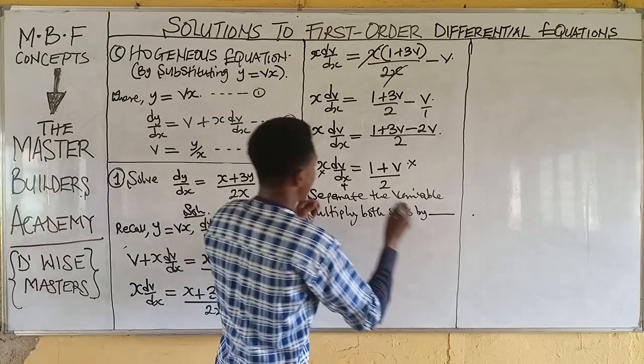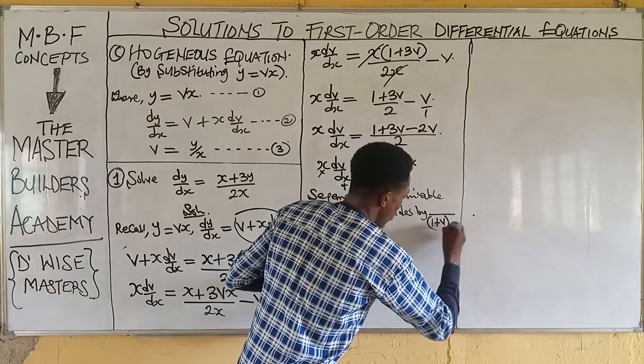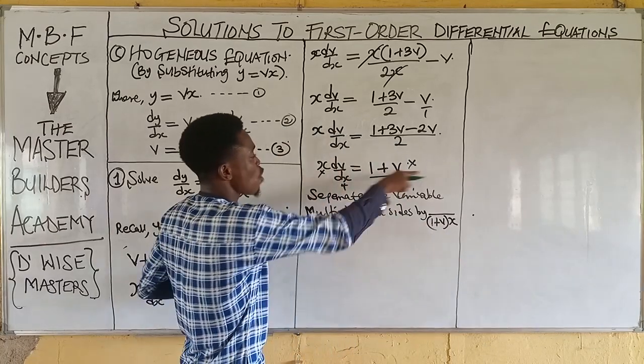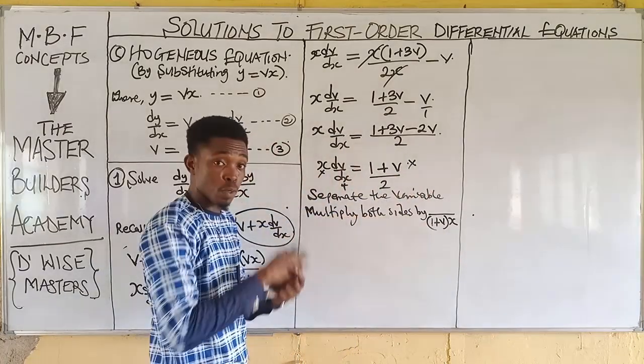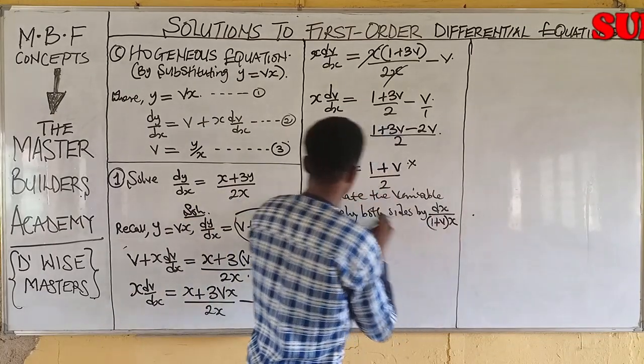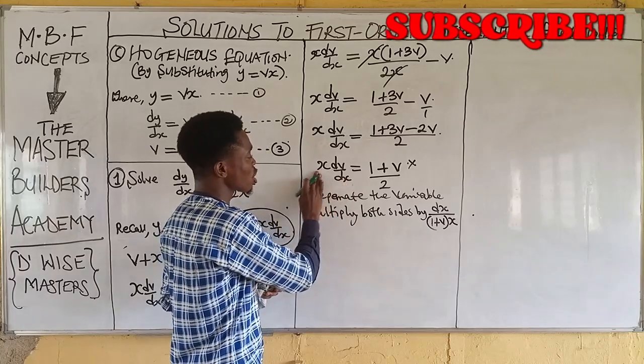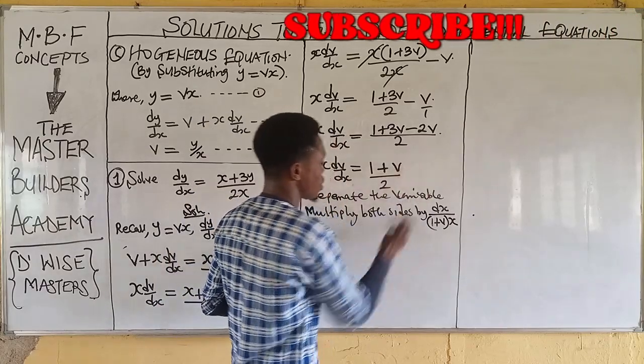So I'm going to have this as 1 plus v multiplied by x, and the x that is at the denominator will now occupy the numerator. That's all. So denominator becomes numerator and numerator becomes denominator.